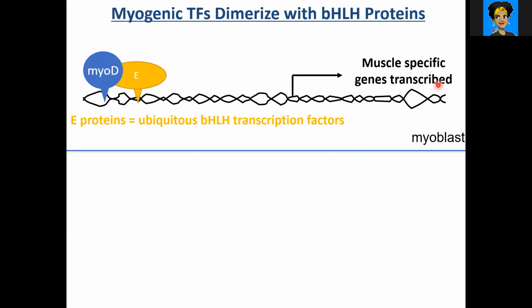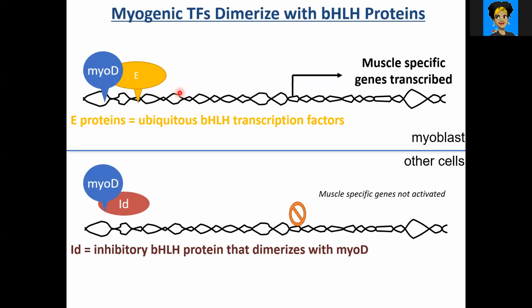But in order to turn on these muscle-specific genes, they need to bind with MyoD. And if you were to introduce an inhibitory protein that can bind to MyoD and block MyoD from coming in to bind to its enhancer, then you can prevent muscle-specific genes from being turned on.